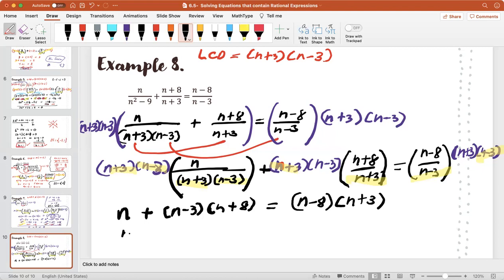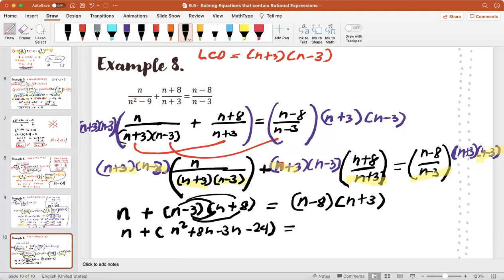All right, we have n here. Just put the product inside the parentheses. n times n, you have n squared. Next, your outer, n times 8, 8n, minus 3n, negative 3 times 8, negative 24.